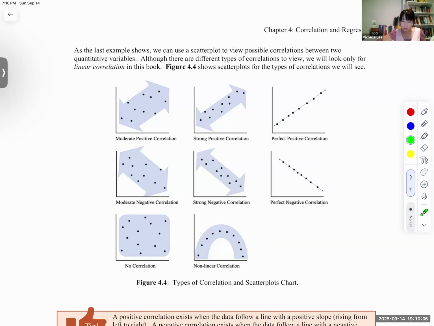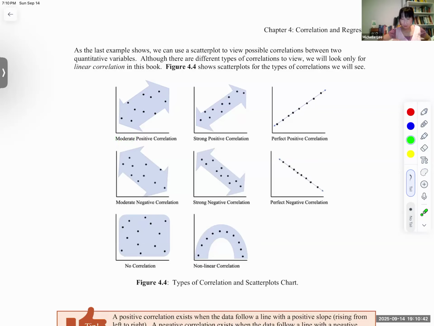And this is a perfect, only one line we can draw. This one we need a rectangle. Now we have a moderate, positively associated, and positive correlation. So we draw the rectangle with the scatter diagram, then that rectangle is getting bigger than this. So this is a moderate.